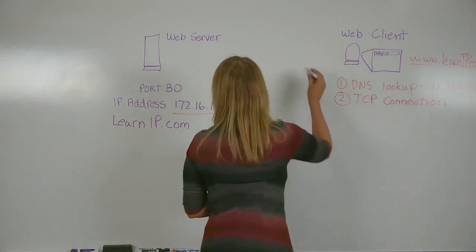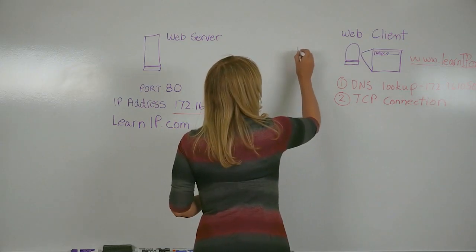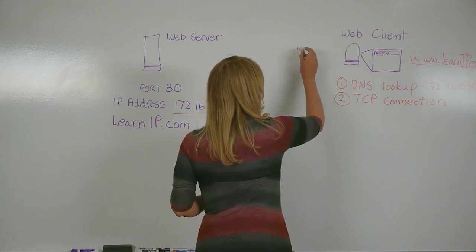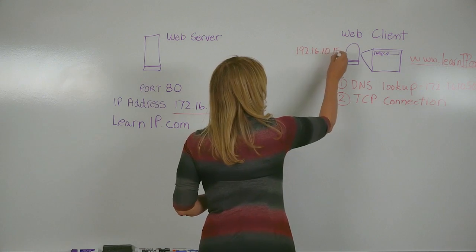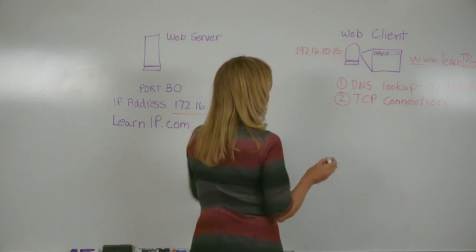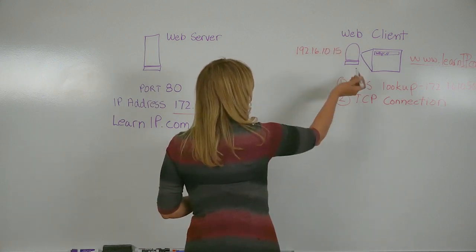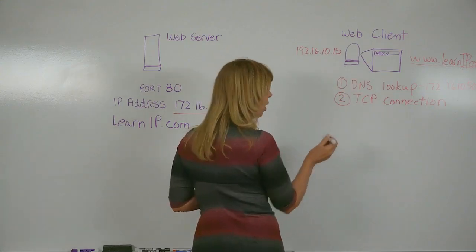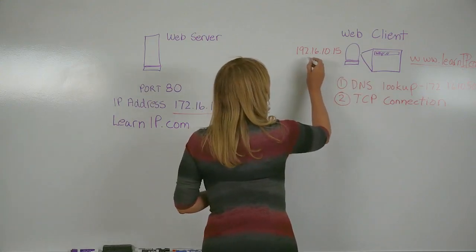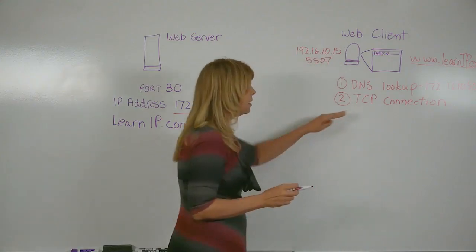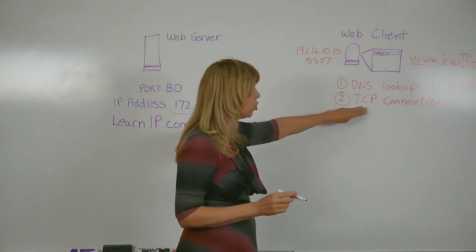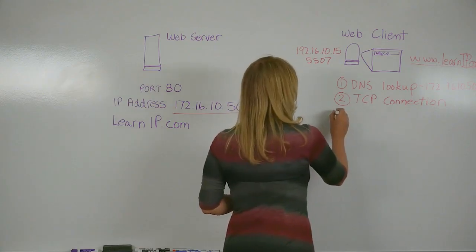So in this case, I'm going to give our web client an IP address of 192.168.10.15, and we're going to assign a random port above 1024, so it will be 5507.